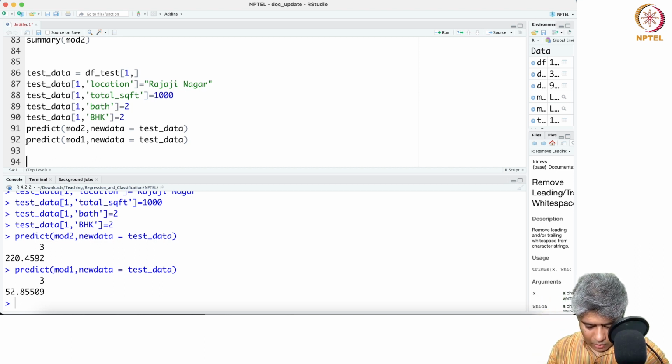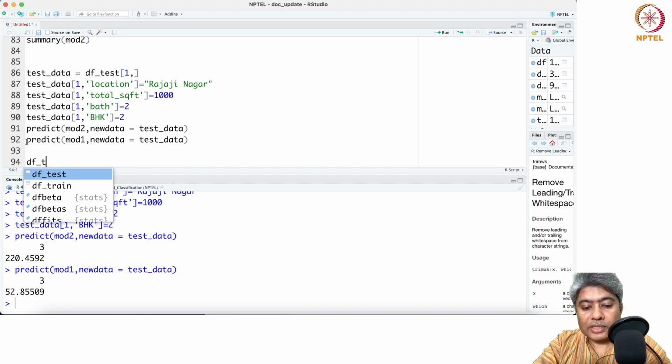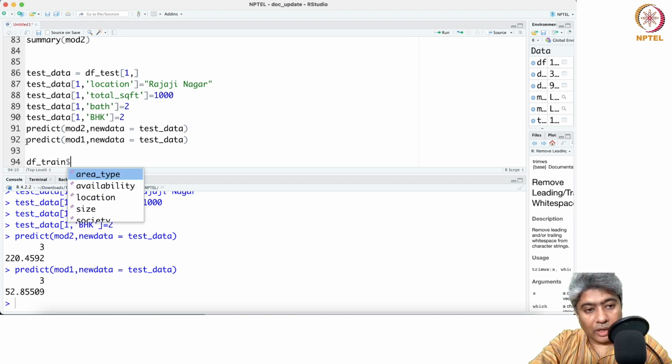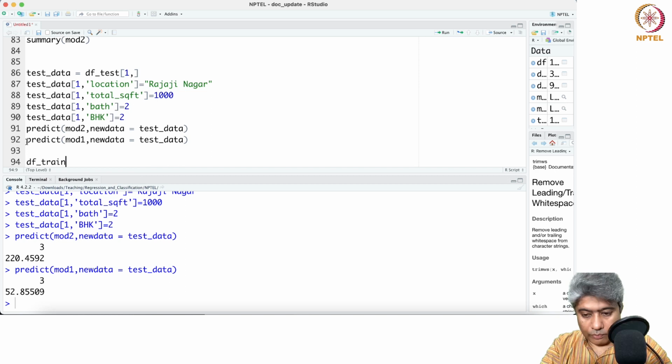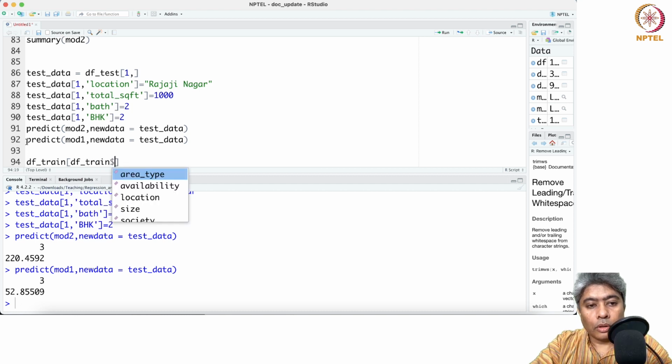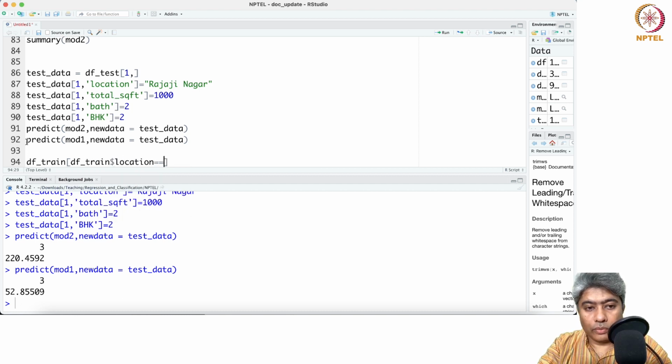Now one thing we can do is look into the train data set. In df train, where location equals Rajaji Nagar, we can look at the price.